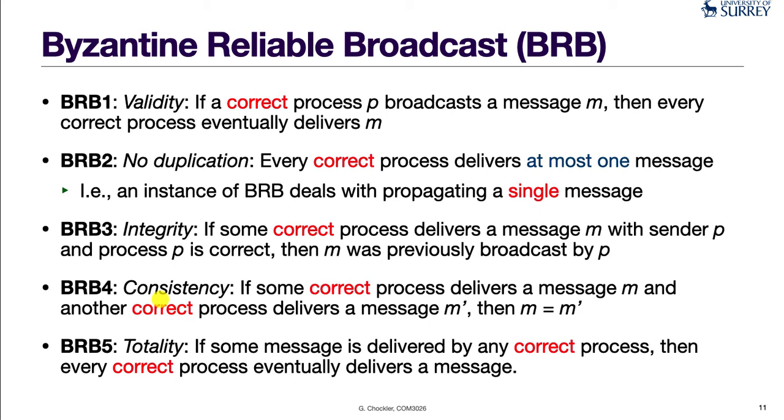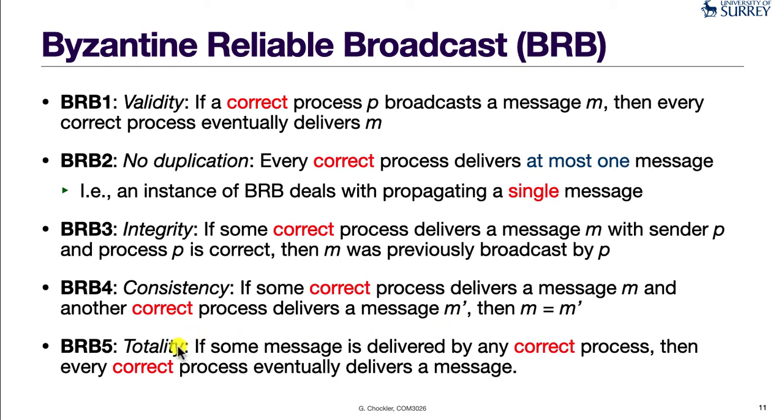Even if we have a Byzantine sender that tries to equivocate, the messages that are actually delivered appear as though the process did not equivocate. We can't deliver two different versions of a message that was broadcast.